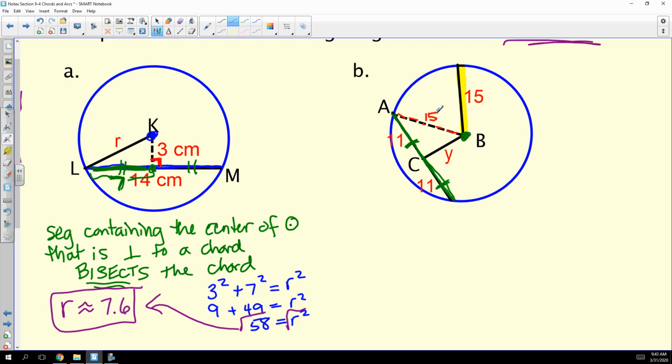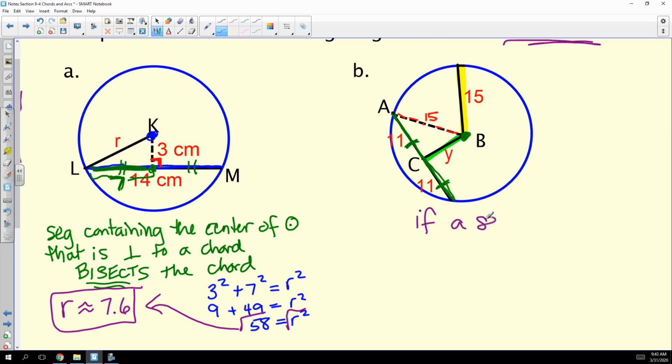Now it looks like we have a segment that is passing through the center of the circle, that would be BC, and it is bisecting a chord, right? So if it's bisecting a chord and passing through the center, then what must be true? It must be perpendicular.